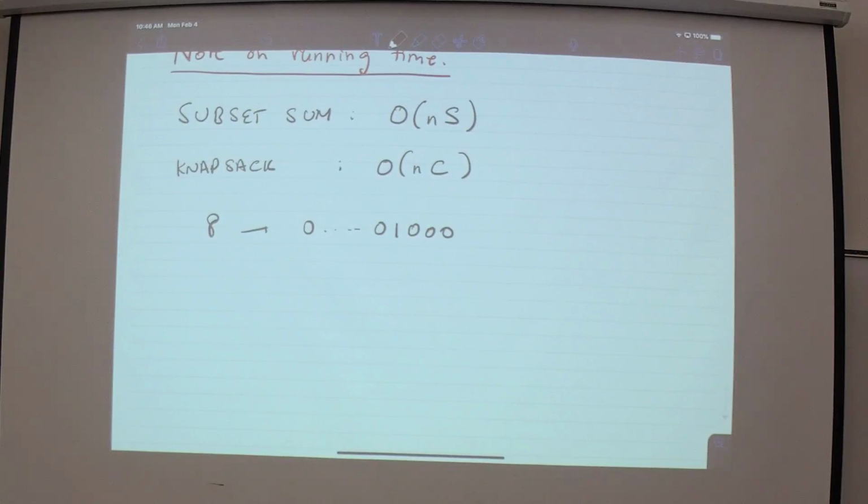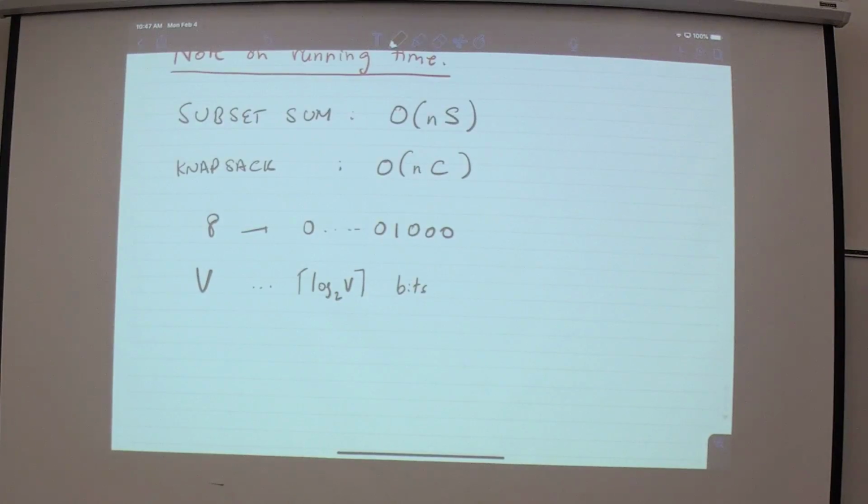If you think about the number of bits required to represent a number, let's call it v, the minimum number of bits you need to write down the number v is something like log v, with a little ceiling on this.